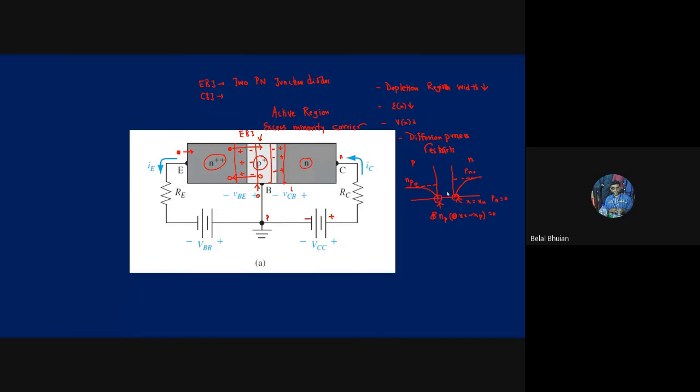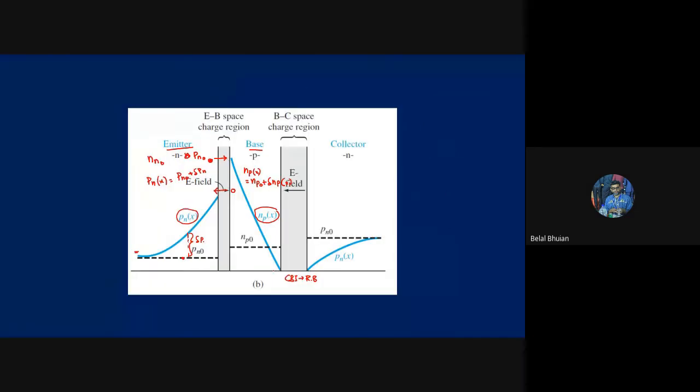If it is reverse bias, you can say that the concentration is zero on the edge. So that's what it looks like. The total minority carrier concentration on the depletion region edge, both sides, is zero.